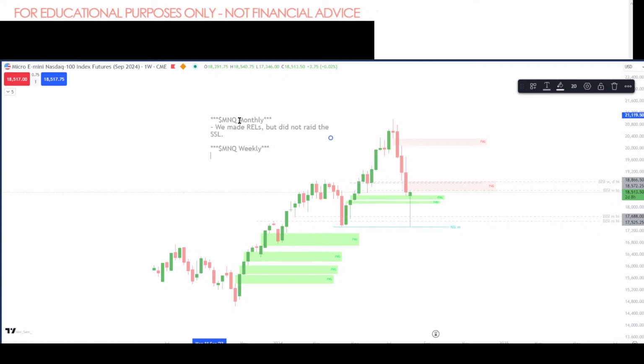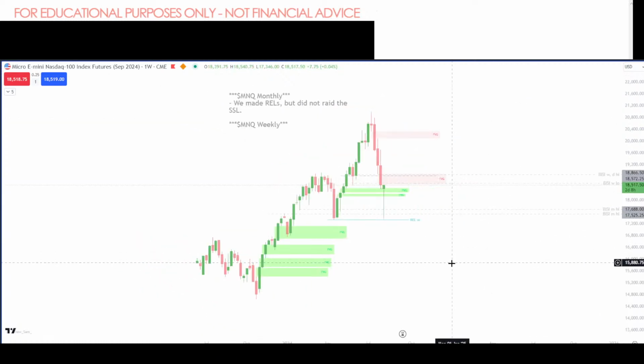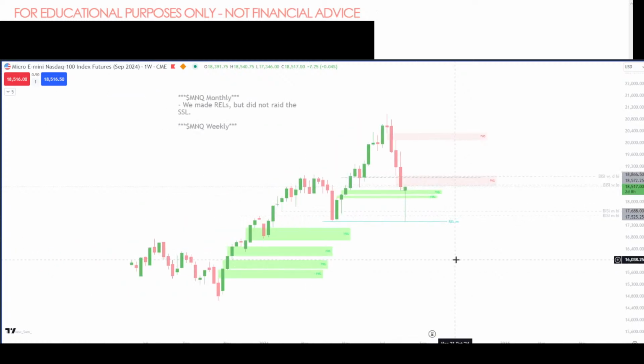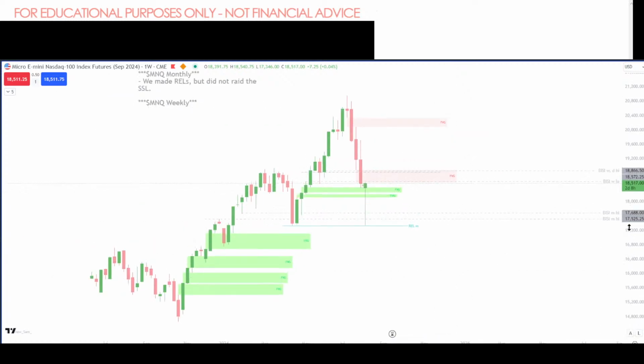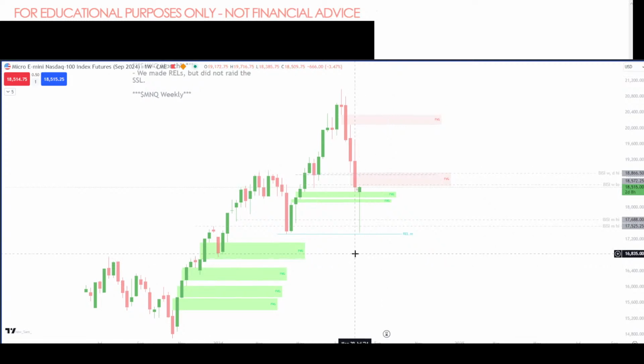What do we see on the weekly? On the weekly, we see that we came down through that monthly BISI, but we went back up the next day, and worked down through it that same day, a couple of days ago.